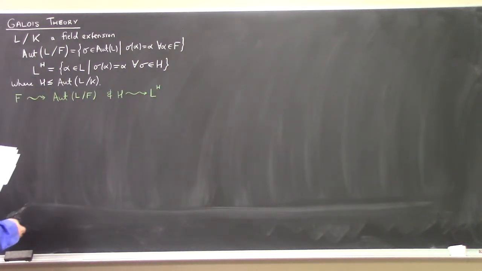So these are the Galois correspondence between fields and automorphism groups and vice versa, right? Subgroups.